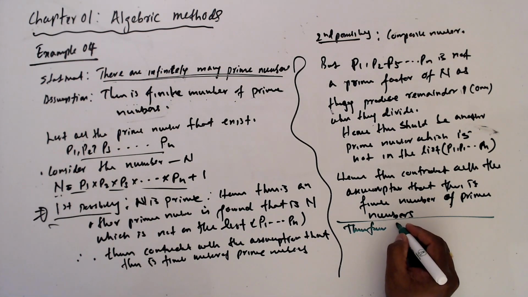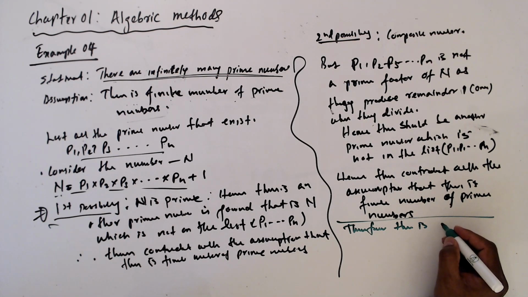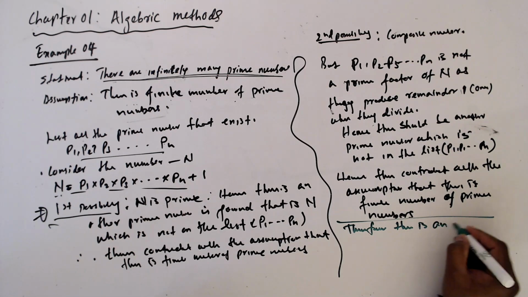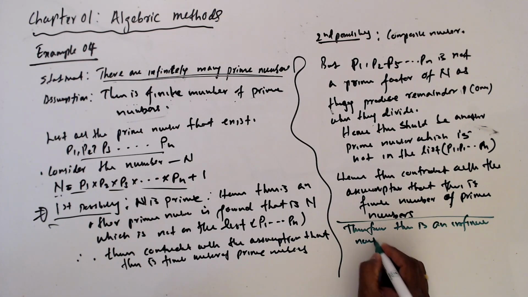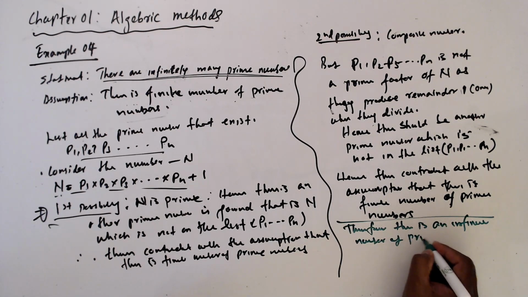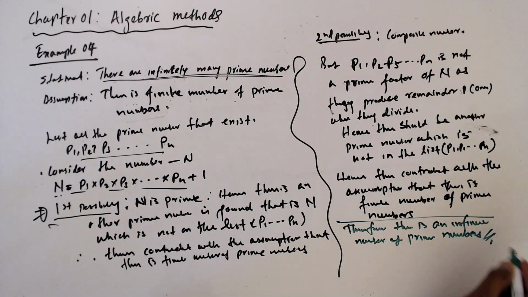Therefore, there is an infinite number of prime numbers.